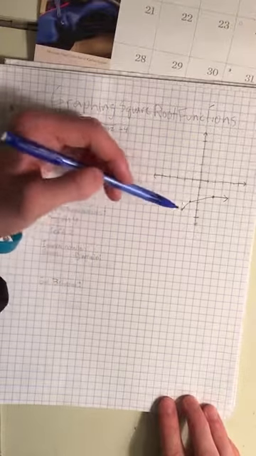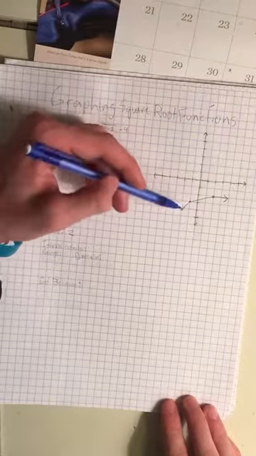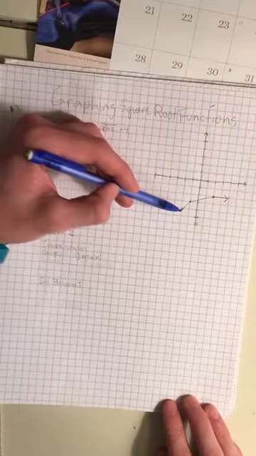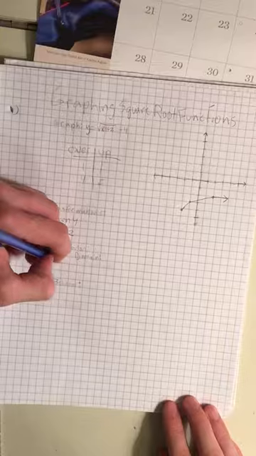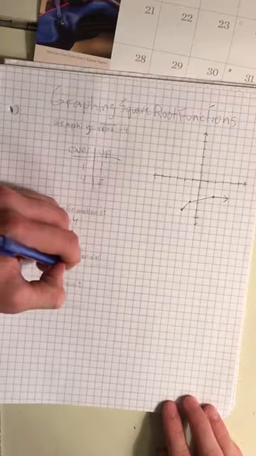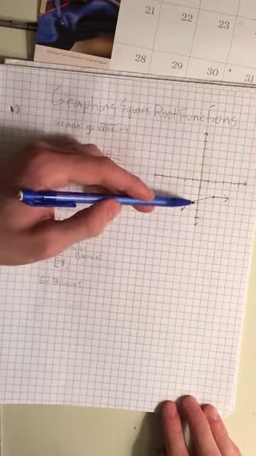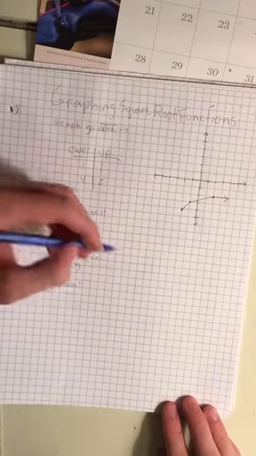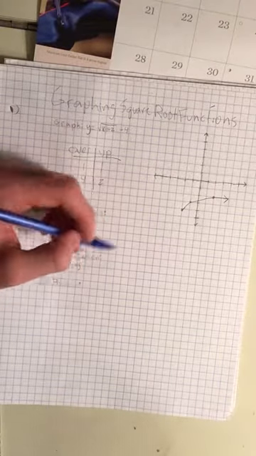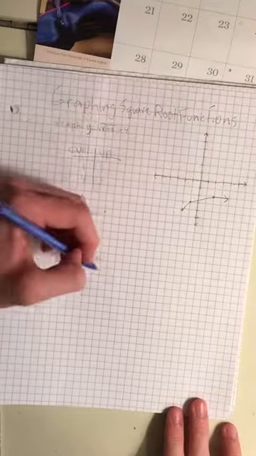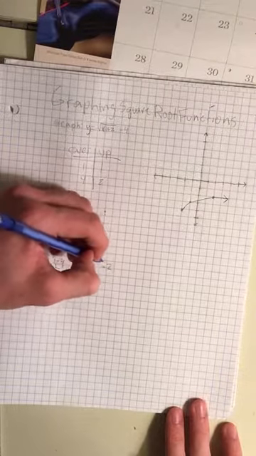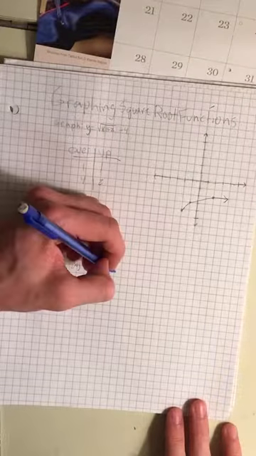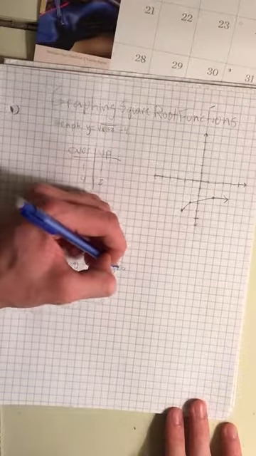Interval notation, the range is the y, so that's going to be from negative 4 to infinity, because it keeps going up. So that needs a parenthesis. And the domain is going to be from negative 2, that's our smallest number, to infinity, because it keeps going in the positive direction.